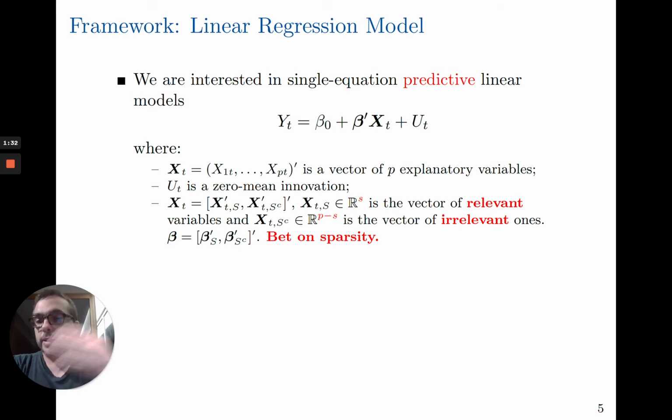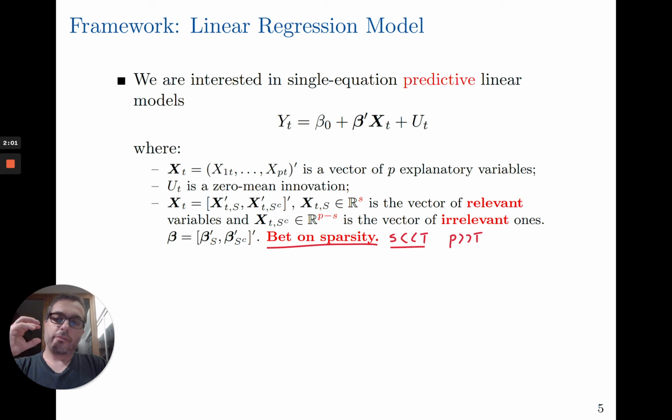And we do the same division for the coefficient vector beta, so we have beta_S and beta_Sc. As we are considering that s is much smaller than t, we are making a bet on sparsity. So even when p is much larger than t, we have s much smaller than t.